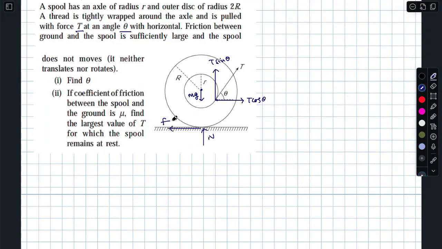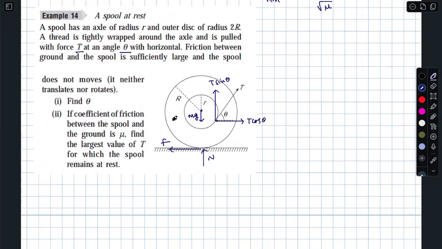Now, please confirm, do you have any doubt at any point of time in these situations? Remember, if you are wrong, you may be wrong at the first level in drawing the free body diagram. Right. Next.